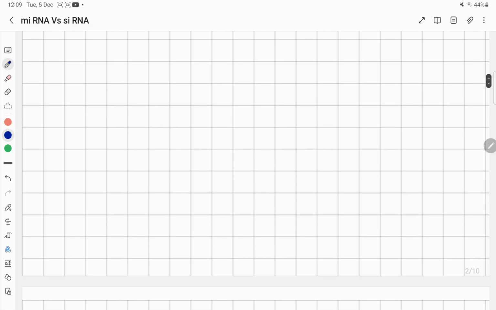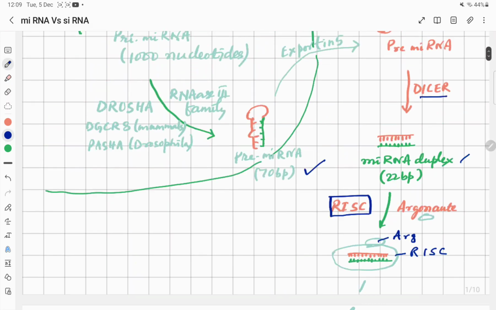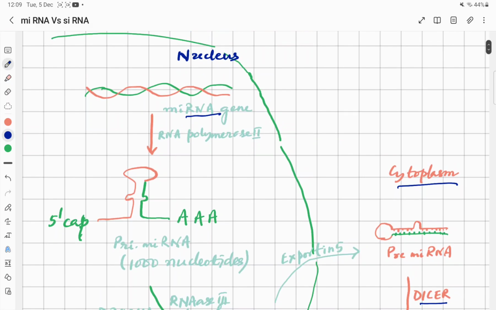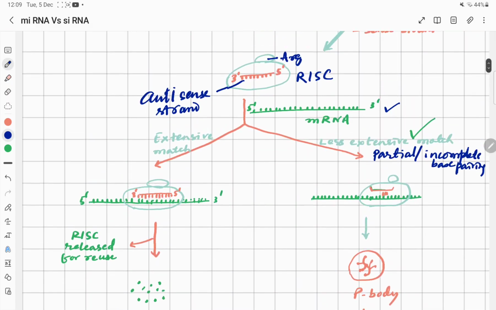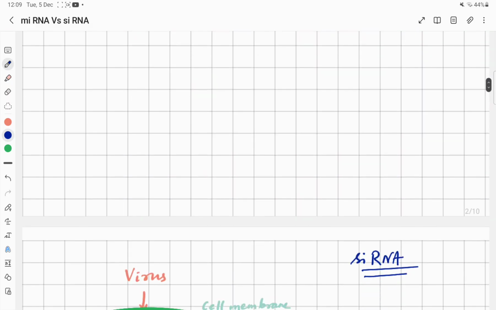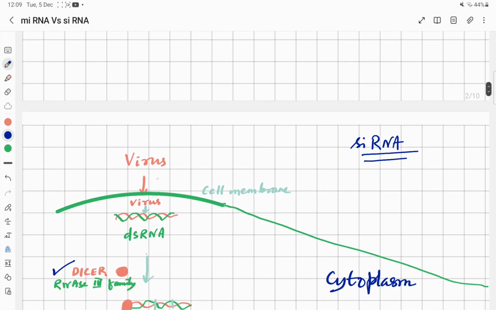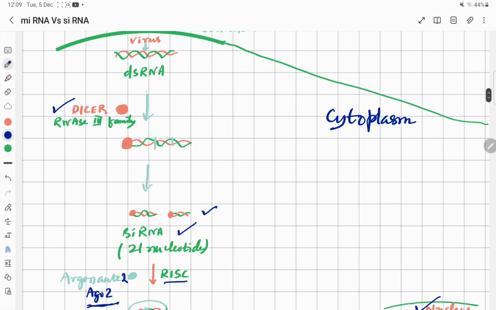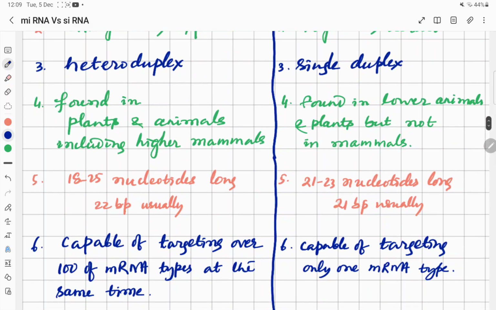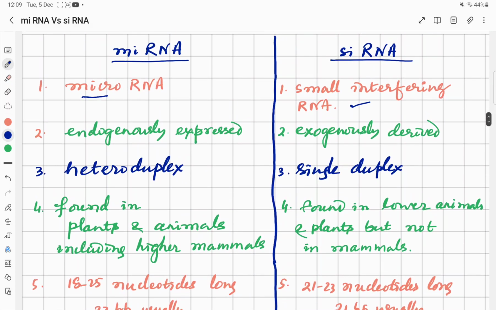As we have seen, microRNA is formed from the microRNA gene, whereas the source of siRNA is exogenous. Suppose a virus infection provides the double-stranded RNA from which siRNA is formed. So microRNA is endogenously expressed, siRNA is exogenously derived.